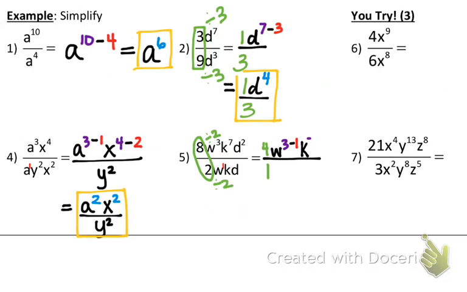We have our k to the 7th minus k to the 1st, and d squared minus d to the 1st. So when we simplify this completely, we have 4w squared, k to the 6th times d. Now, since originally this denominator was just over 1, we don't necessarily need to write that in our answer. So we have 4w squared k to the 6th d.